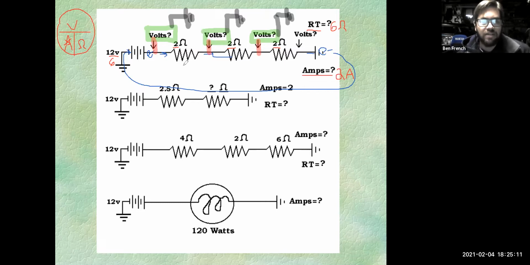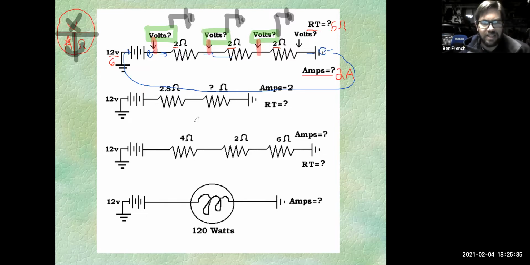So how would this work? Well, if I wanted to mathematically calculate it, I could figure this out. Why? Because Ohm's law tells us what to do. If I want to know the volts, that's the amps times the ohms. All I got to do is multiply those two together.